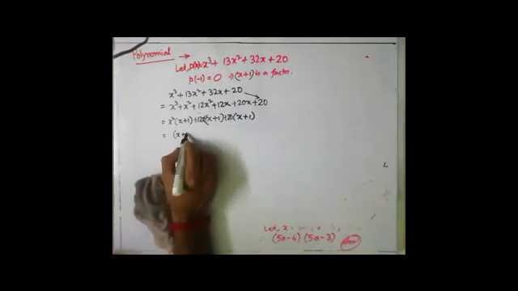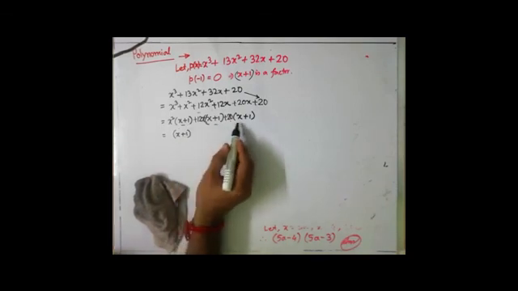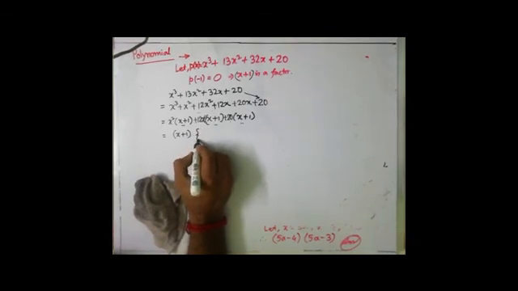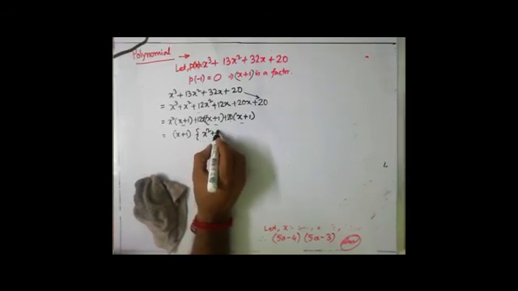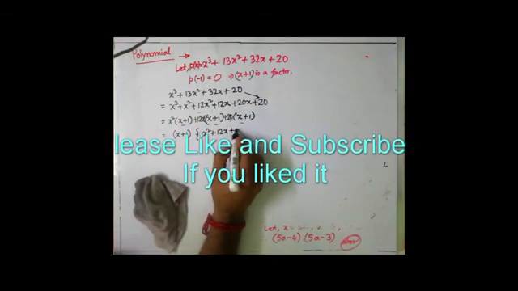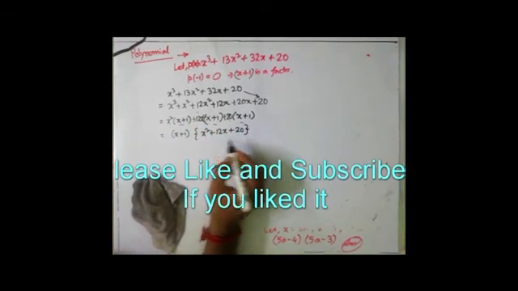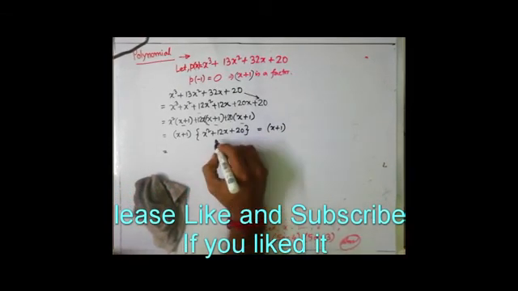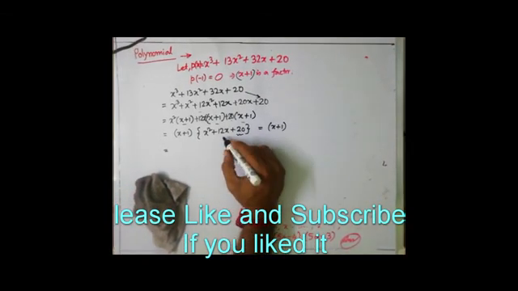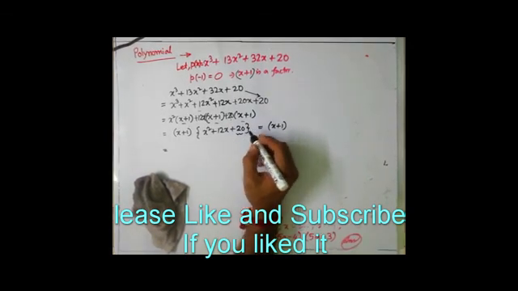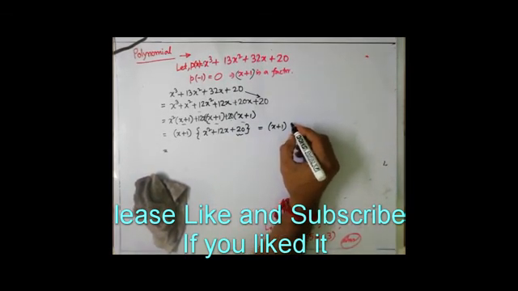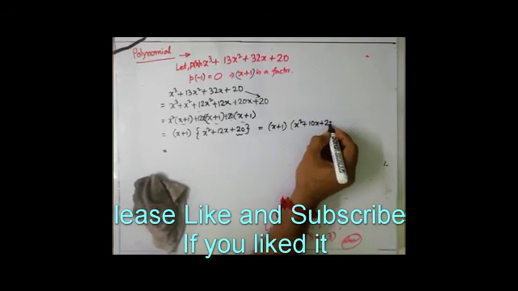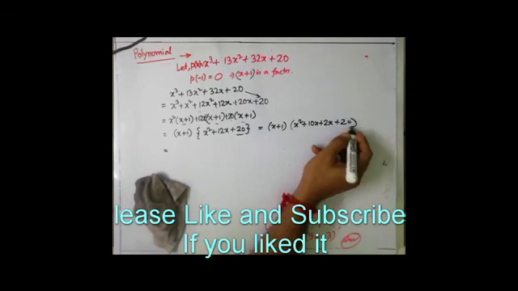Then take x plus 1 as the common factor, because all these three terms have x plus 1. So in between the bracket it will be x square plus 12x plus 20. Now again you can factorize x plus 1, and this 20 can be split to get 12, so 10 plus 2: x square plus 10x plus 2x plus 20.